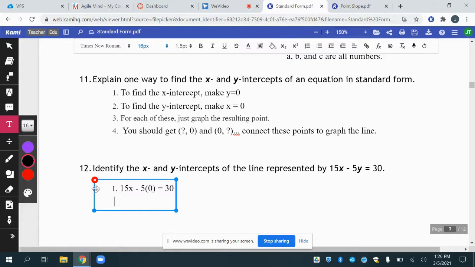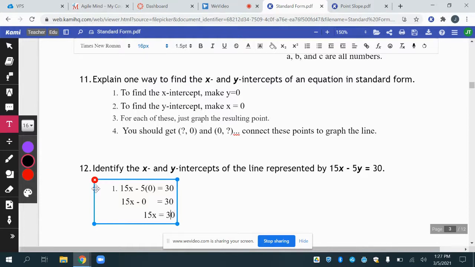Now I've got to solve the rest of it. I know that 15x is just 15x. I don't know what that is, but I know that 5 times 0 is just 0, minus nothing, which is really nice because when I multiply things by 0, it's very simple. That's just nothing. So if I subtract nothing from 15x, I really get 15x equals.